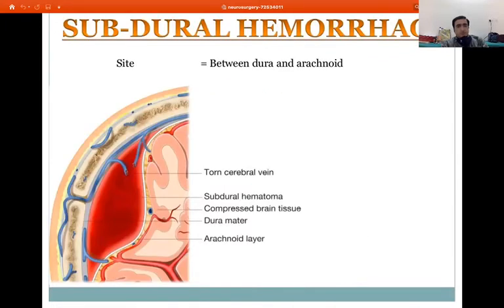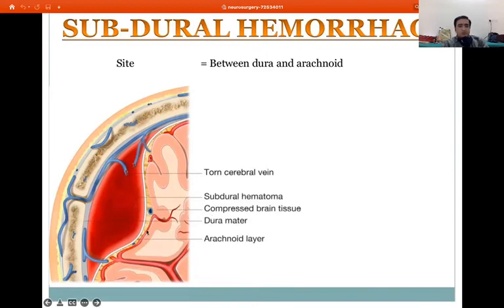Another common injury we see in the casualty is subdural hemorrhage. As the name suggests, the site of subdural hemorrhage is between the dura and the arachnoid, and the main cause is torn cerebral veins. Subdural hematomas compress the brain tissue.